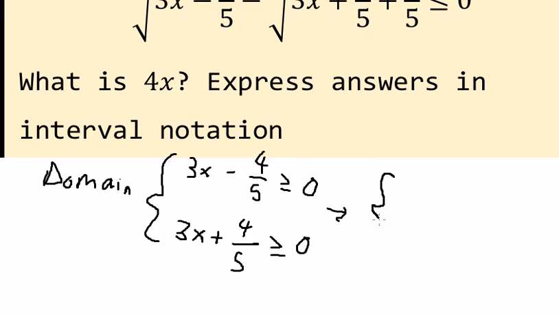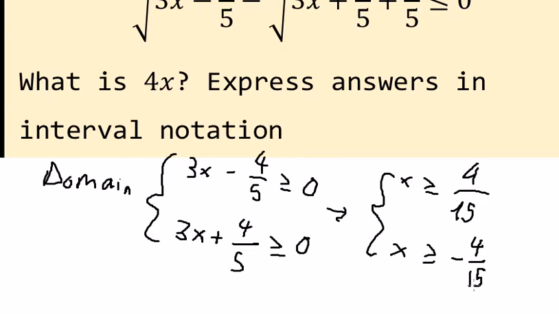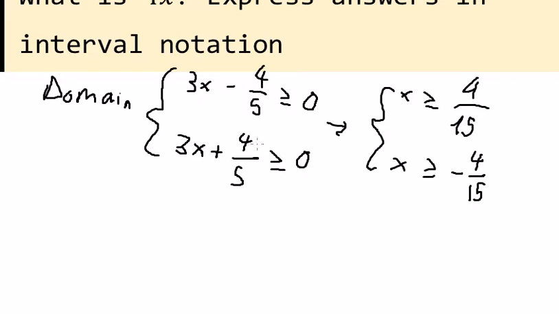If we calculate, you get s is greater than or equal to 4/15 and negative 4/15. We combine the two, so s is greater than or equal to 4/15.